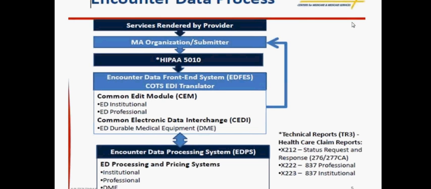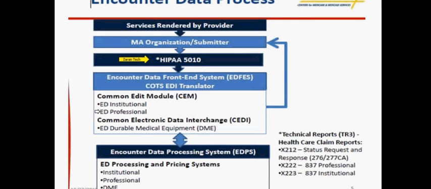So what happens in this encounter data process? Let me walk you through this exhibit. The MA organizations, that means managed care organizations, are the ones who would be submitting this information. What level of information? The HIPAA 4010 or 5010 they would be submitting. To whom?